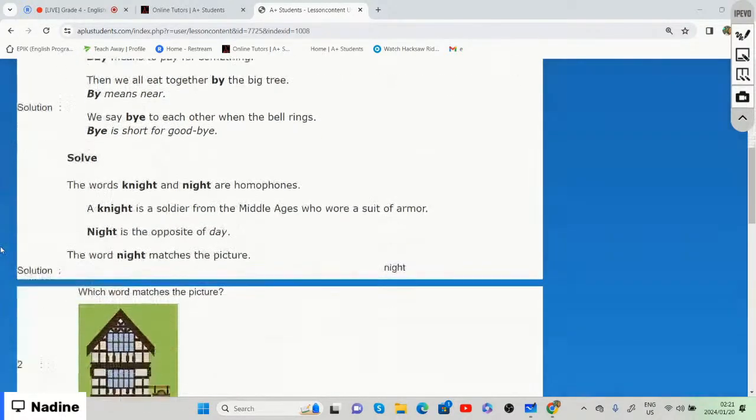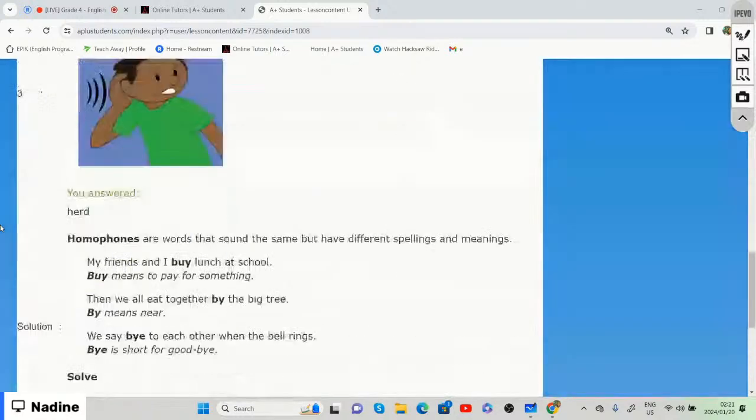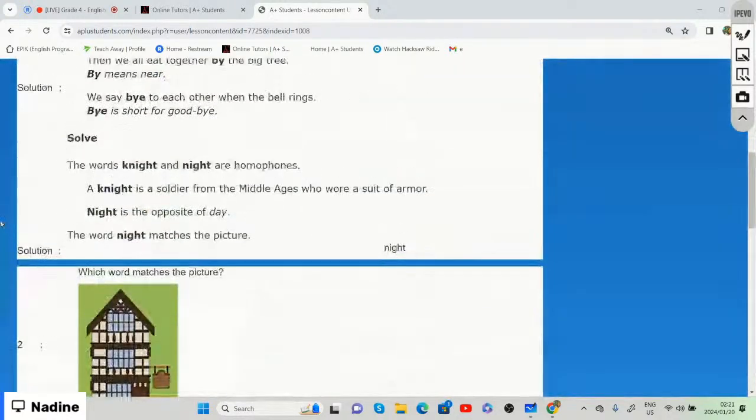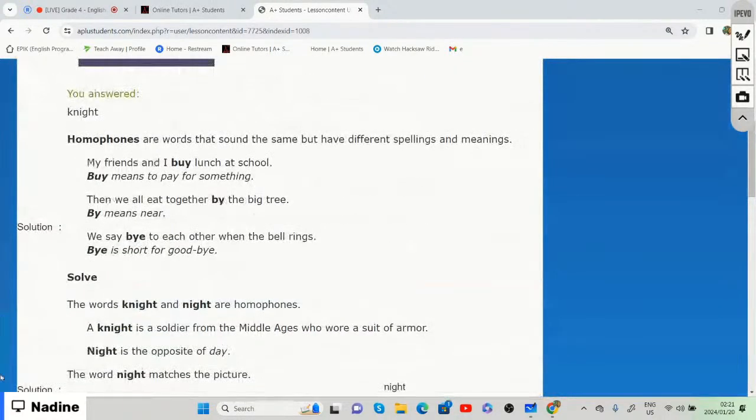All right. So we said homophones are words that sound the same, but they have different spellings and meanings.